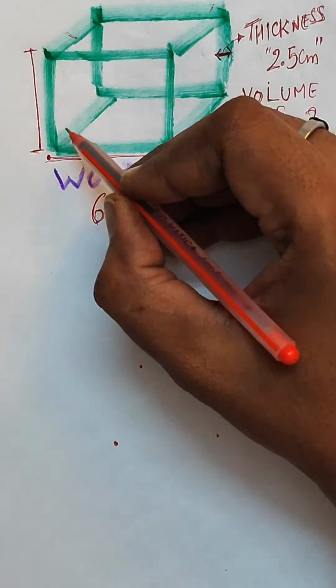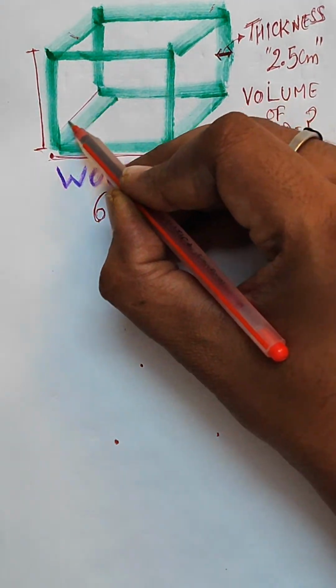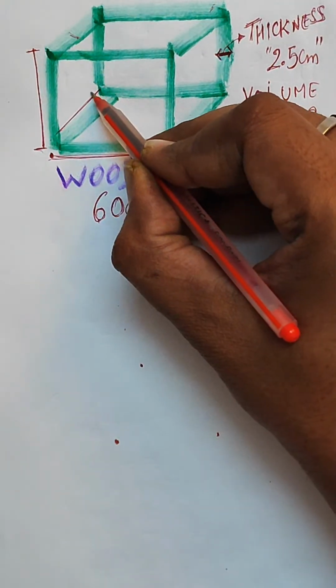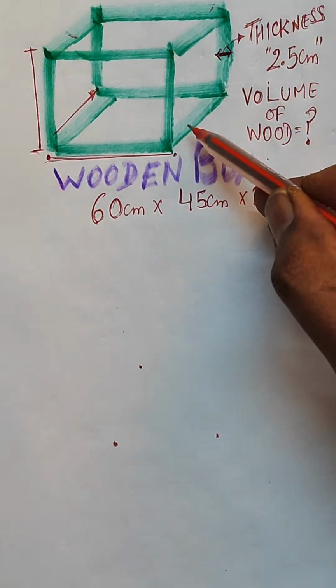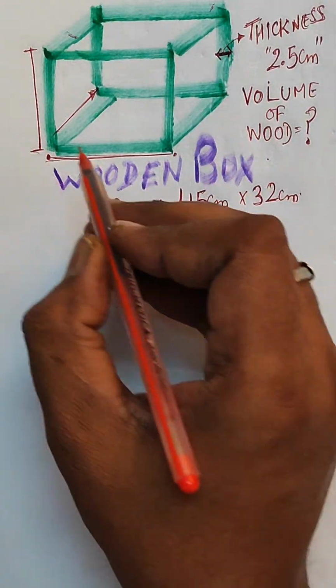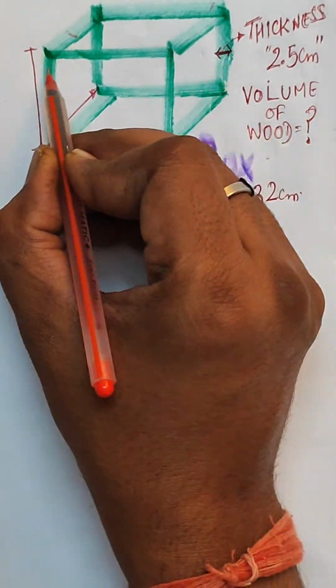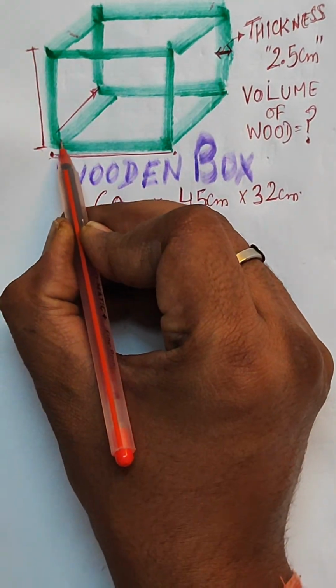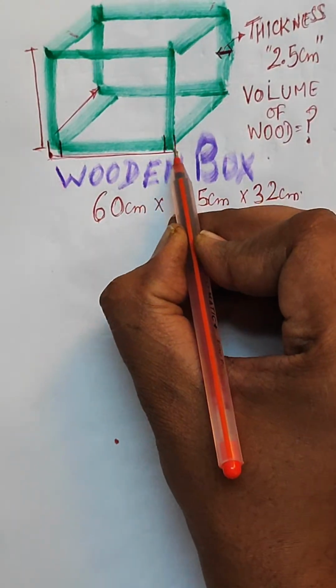Similarly for the breadth also. Since this is made of wood, which has some thickness, this thickness is also considered here. If you see in the length, this thickness is captured on the two sides.